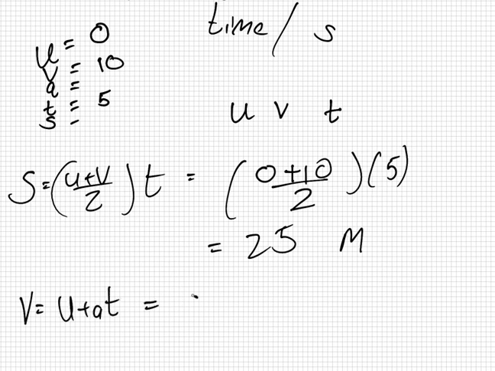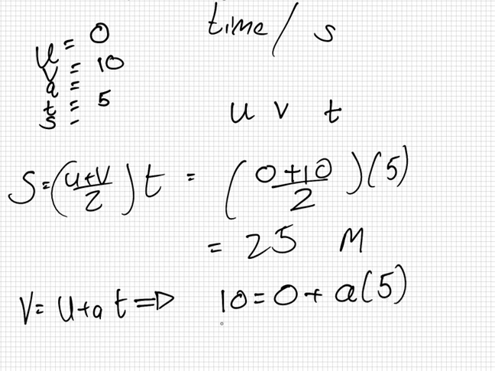So that would be 0 plus... oh, I don't know the a. Sorry, so I have 10 equals 0 plus a times 5. So I get a equals 2. So I found the distance and I found the acceleration.